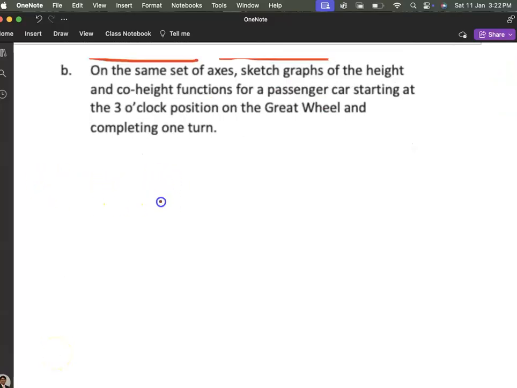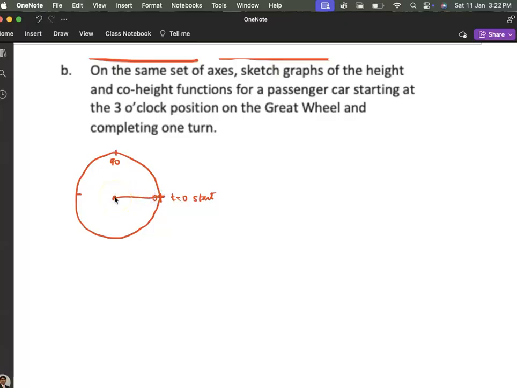Mark the angles on the circle. You're starting from 3 o'clock. So t is equal to 0 means you start from here. So that's your 0. This is how much? 90, obviously.